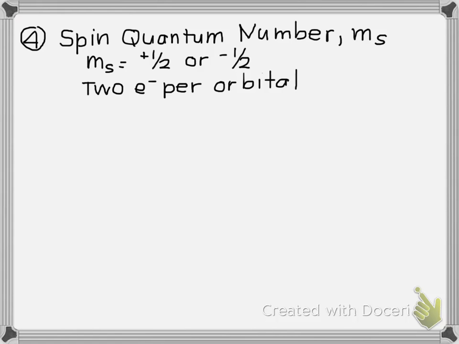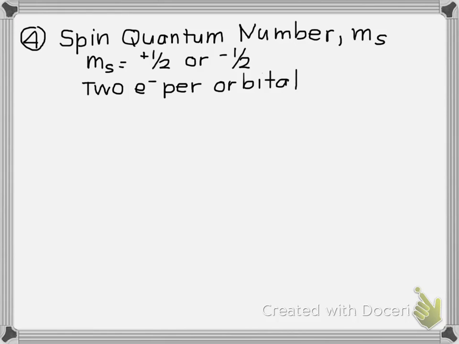We need the M sub S term, it's called the Pauli exclusion principle, because two electrons can never have the same quantum numbers. So we need to have these four quantum numbers to distinguish the two electrons in an orbital. Let's take a look at some problems and see how we can try to put these quantum numbers and their relationships together.